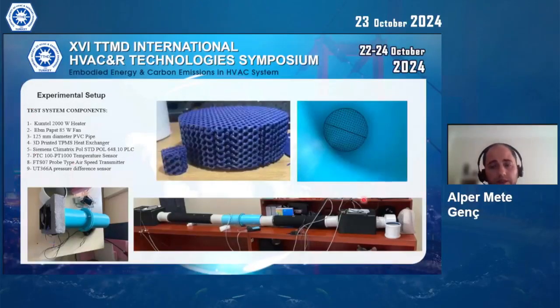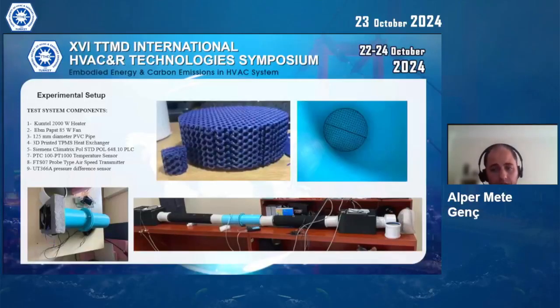The experimental setup is designed to extract data to obtain the actual performance of a decentralized heat recovery ventilation system. And we use the gyroid and diamond geometries. The output of the experiments includes 5 temperature measurements: hot inlet, hot outlet, cold inlet, cold outlet, and ambient temperatures.